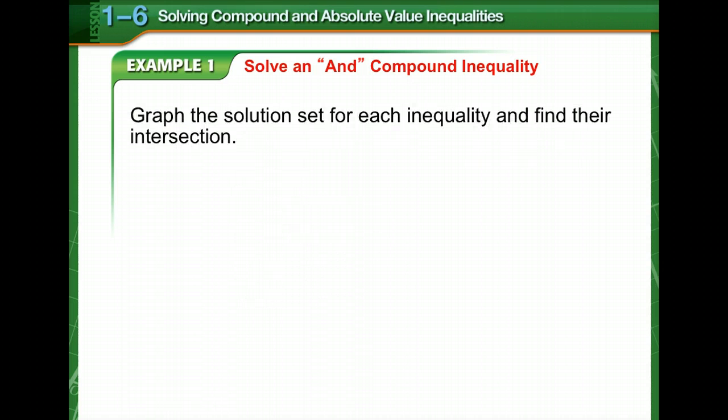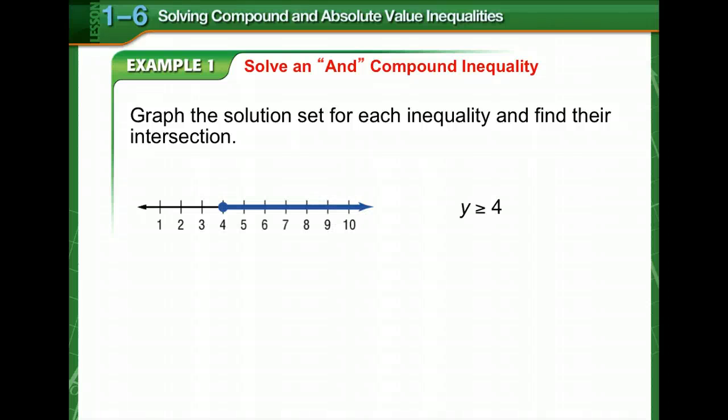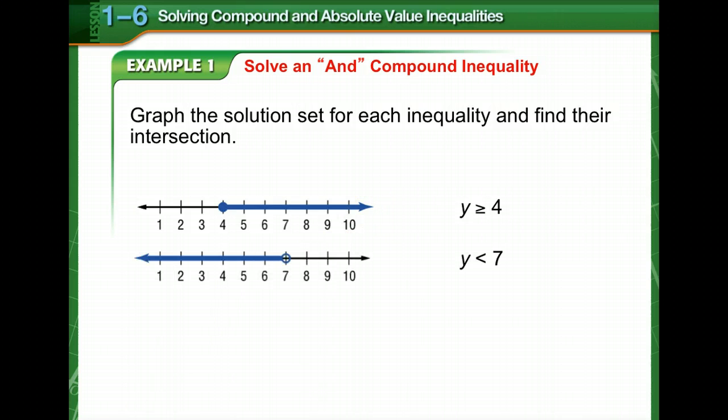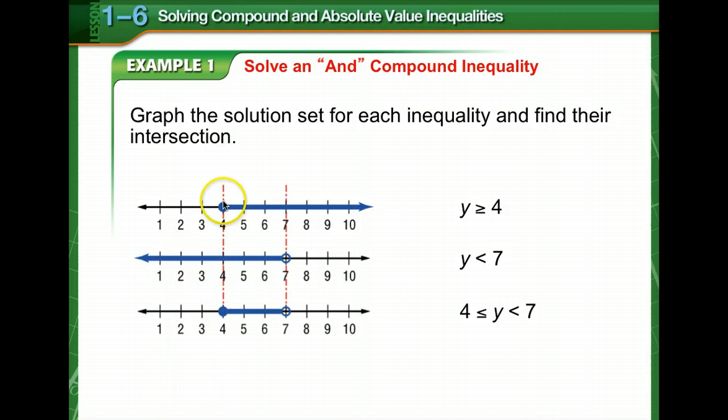So now we're going to graph the solution set for each inequality and find their intersection. So first of all, we have y is greater than or equal to 4, closed circle. And we have y is less than 7, open circle. You see where these two intersect?